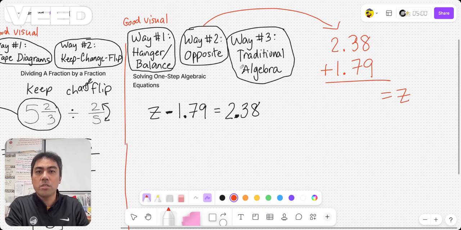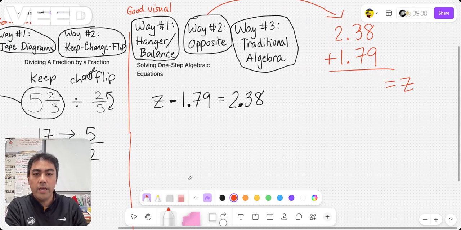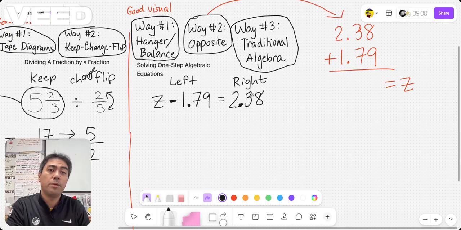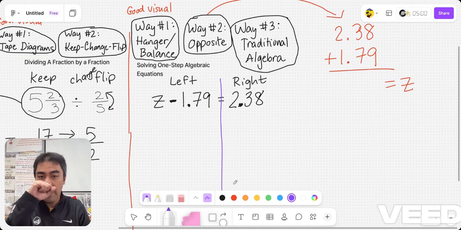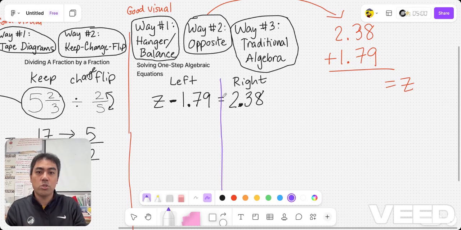If you are doing the traditional algebra way, then the way you do this is you need to know which is your left side and your right side. Some people write this, most people do not. For those of you who are learning algebra for the first time or just beginning to learn algebra, I've been recommending drawing this line so that you can separate your left side and your right side.